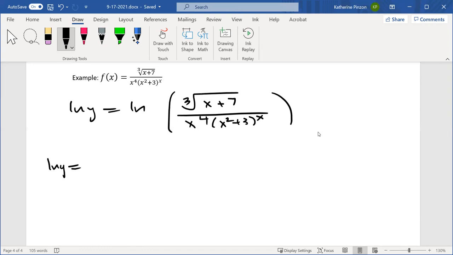Yeah, you can do it that way. Make sure you put this x squared plus 3 in parentheses. That will help them.